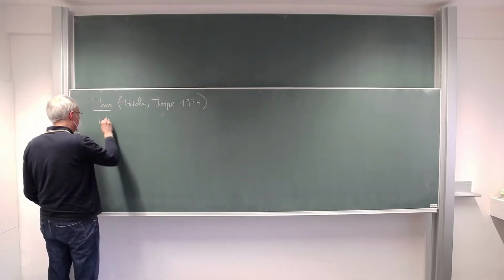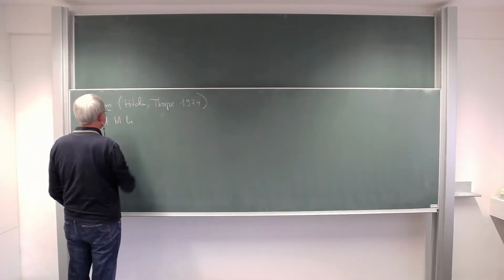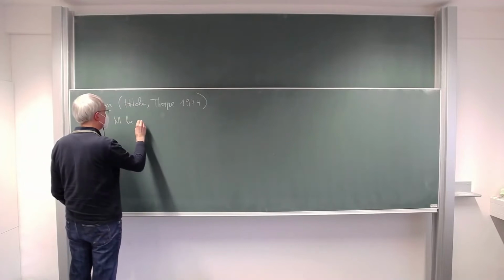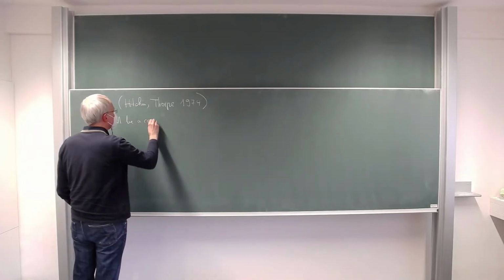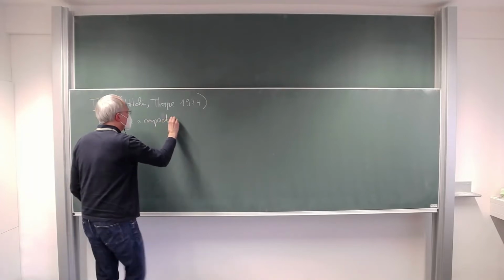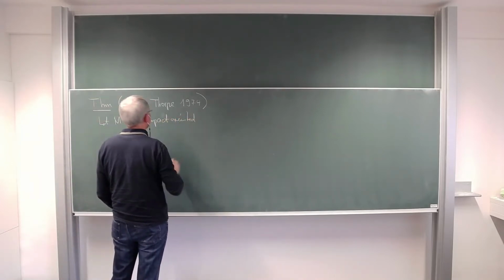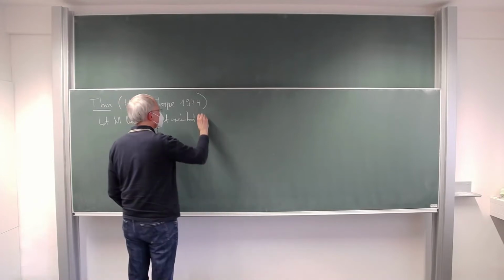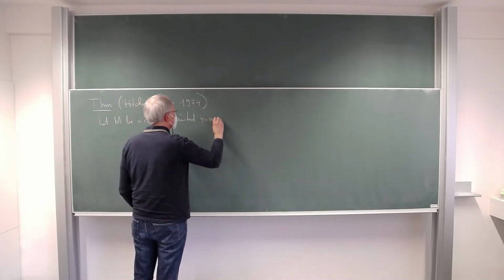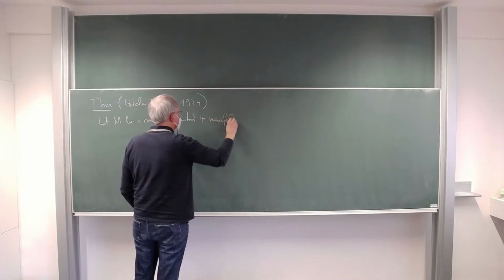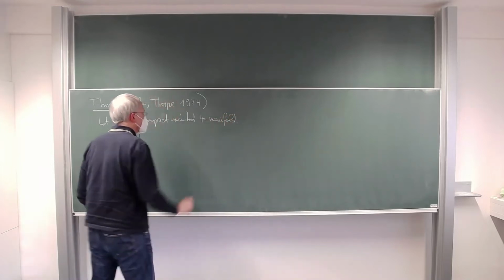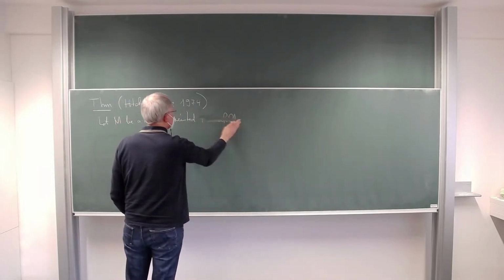So let M be a compact oriented four-manifold. An Einstein manifold, so four-dimensional Einstein manifold.